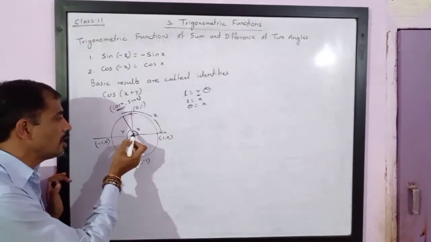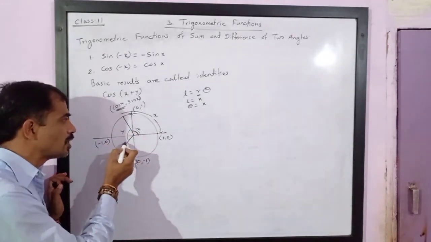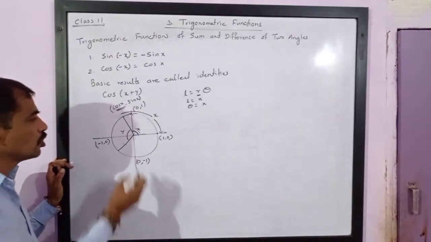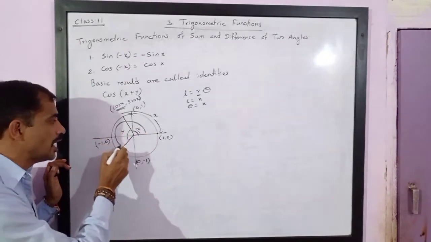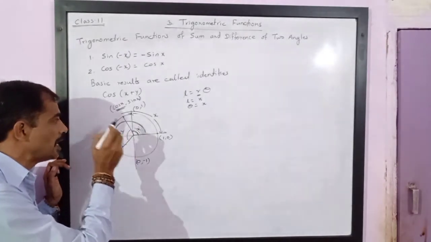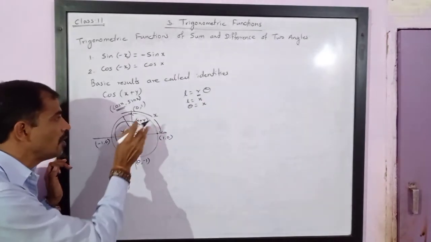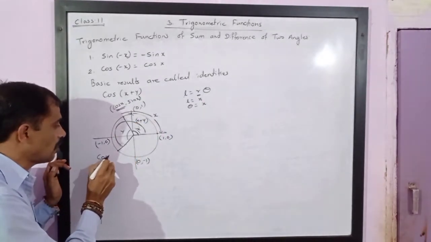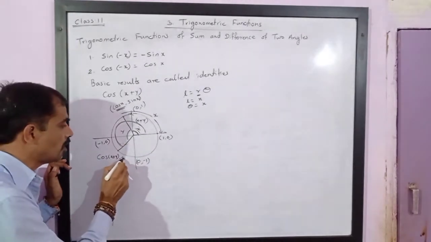Now if you add this angle, the total angle is x plus y, because we always measure the angle from the positive direction of x-axis. So the total angle from the positive direction of x-axis in anti-clockwise direction is x plus y. Now its x coordinate is cos of x plus y and its y coordinate is sin of x plus y.